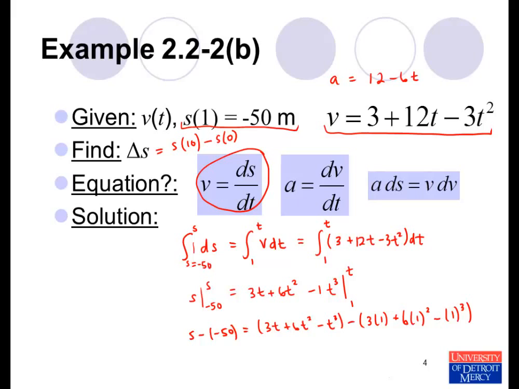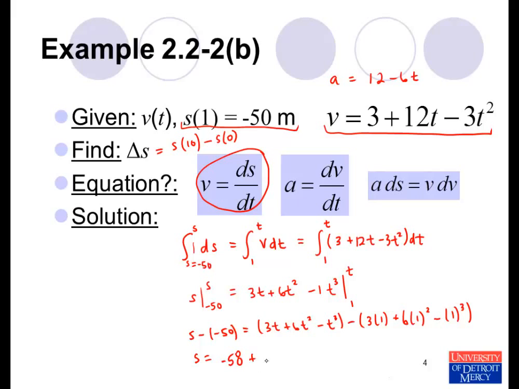And then if we solve for s, over here we have 3 plus 6 minus 1, so that's 9, minus 1 is 8, negative 8. And then here we have a positive 50 when we subtract it to the other side. We have negative 8 minus 50 is minus 58.